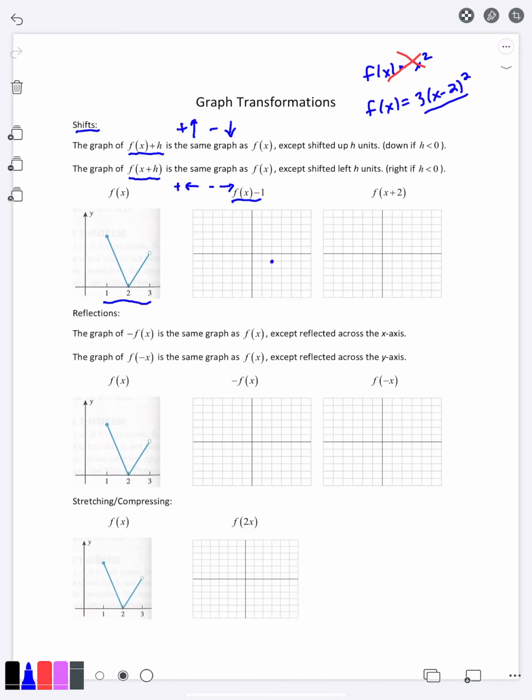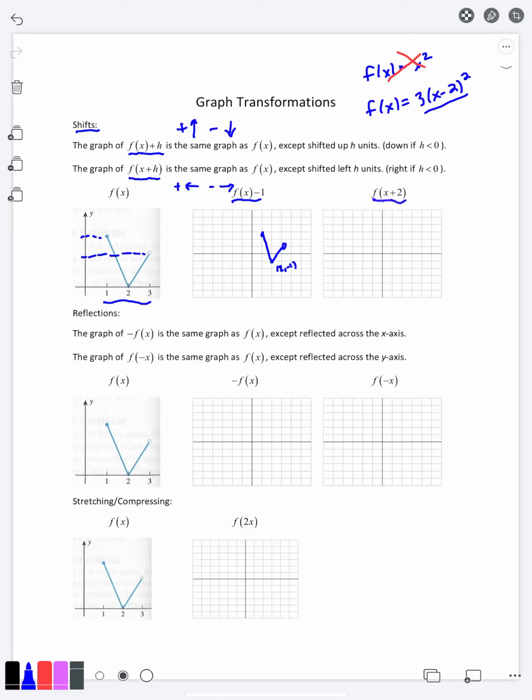Now it's going to go down to (2, negative 1). And then it's going to look something like this. Now, I didn't give you exact y values for these points, but whatever they would be, you just move them down by 1 unit. However, this is the idea of what it's supposed to look like. So you just move everything down.